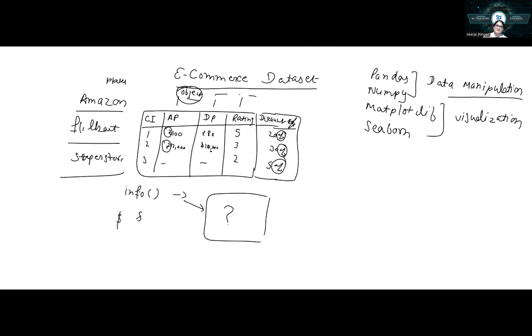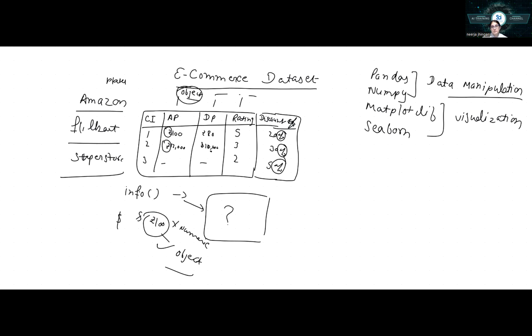Okay, something like that. This is not numeric. It is always object. Okay. So this is the kind of inconsistency you will find in an e-commerce data set. I just wanted to bring it to your notice, because we are going to work on this.